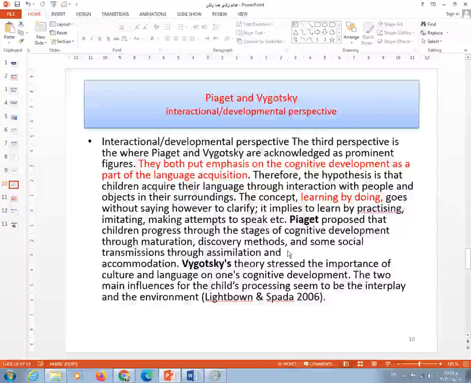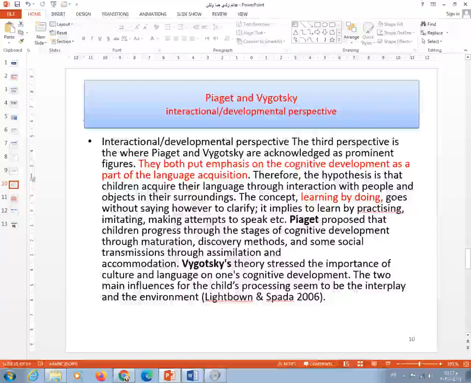And Vygotsky, on the other hand, his theory stresses the importance of culture and language on one's cognitive development, and he proposes what we call the constructivist theory, which says that we construct our linguistic repertoire from the surrounding environment, and that culture and society are very instrumental in shaping our language.